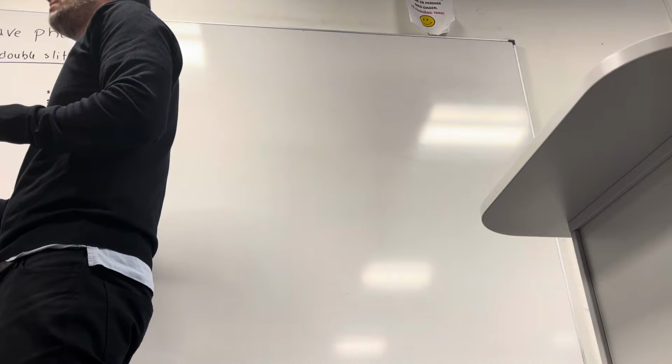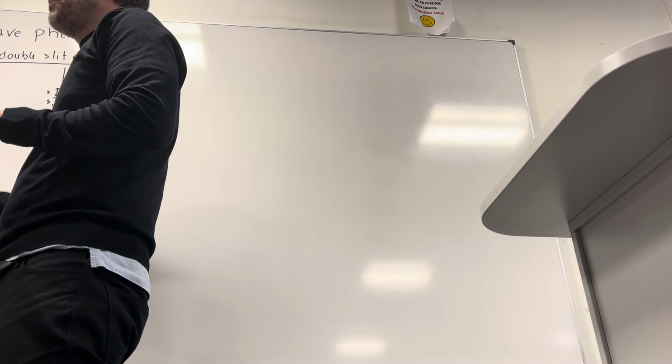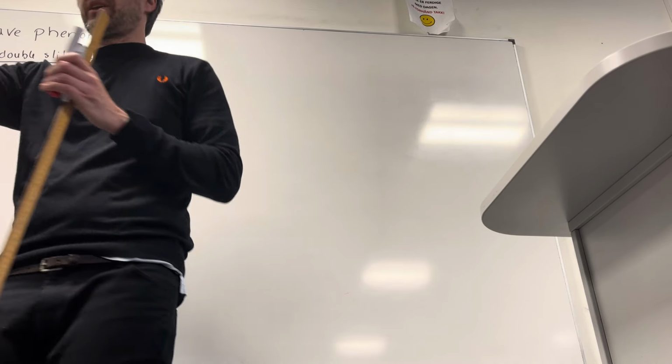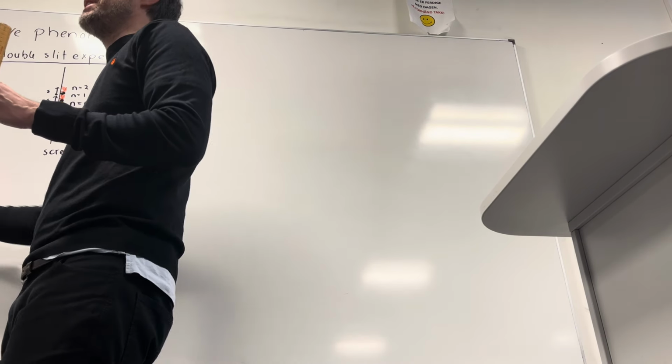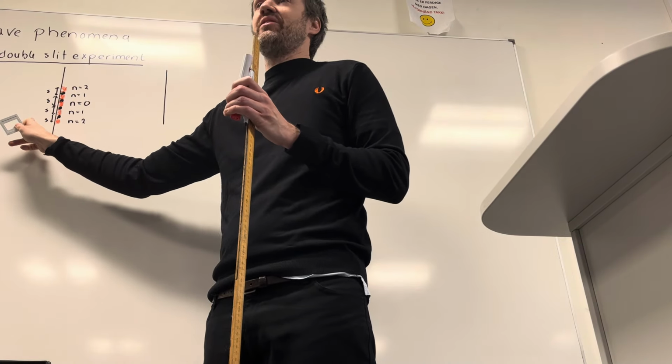this has a small angle approximation. When I derive this formula here, I use a small angle approximation. I can do that for Young's double slit because these distances are very small.